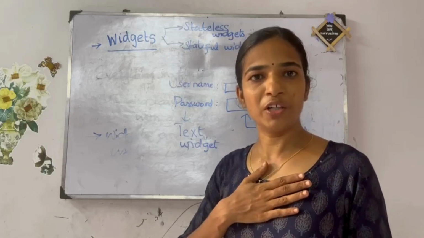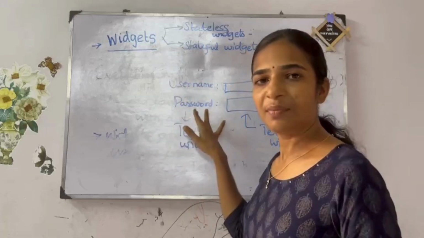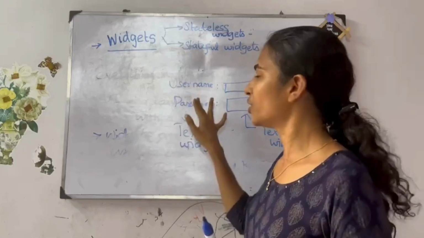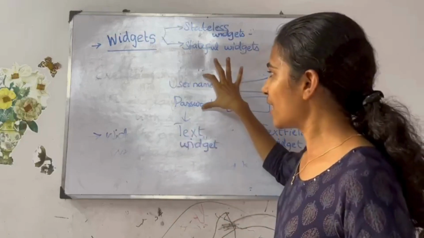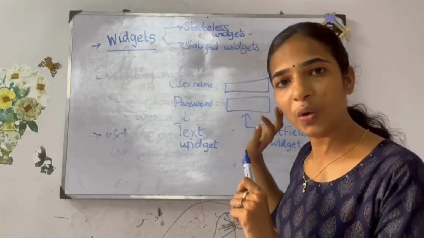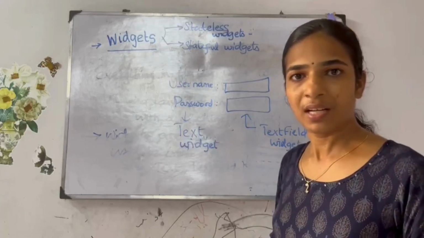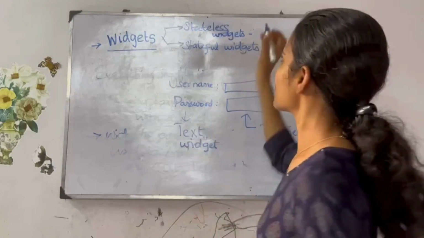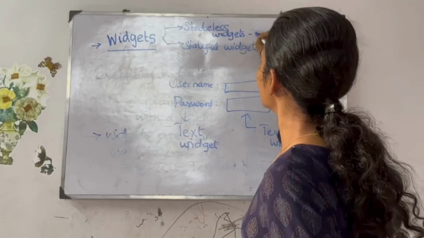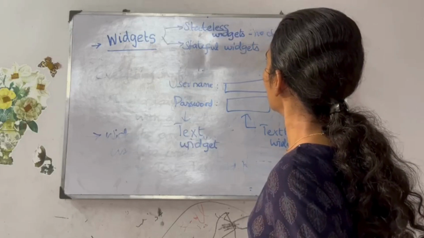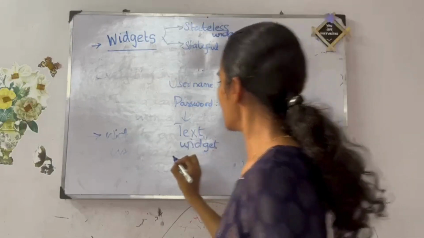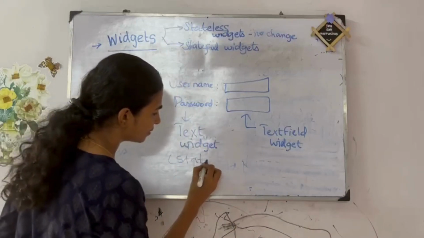Even if I log in, I am going to see the same. So the state of this text is not going to change. Because it is not going to change, no change, it is a kind of stateless widget.